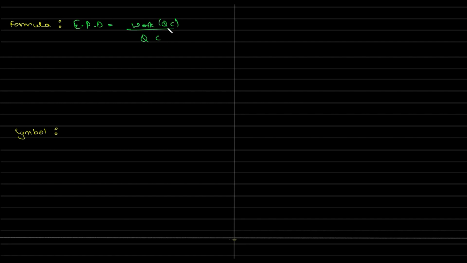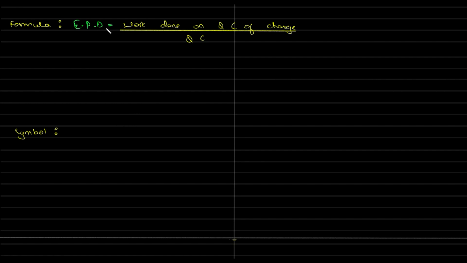Okay, so let me write it clearly: work done on q coulomb of charge, entire thing divided by the value of q coulomb.